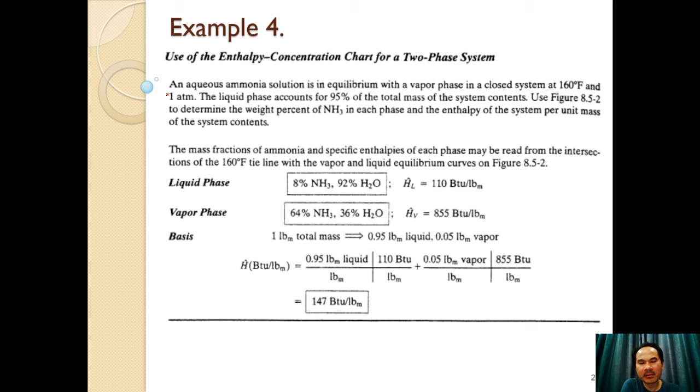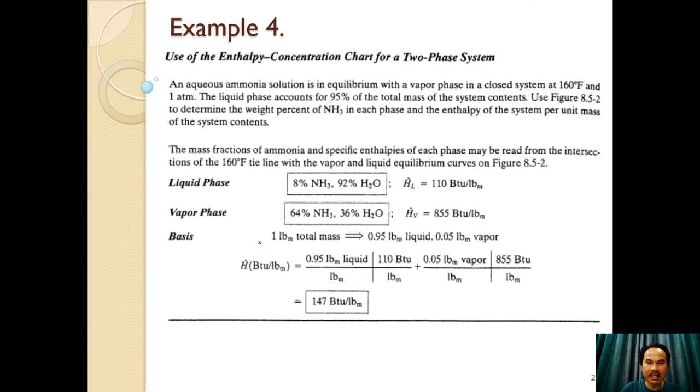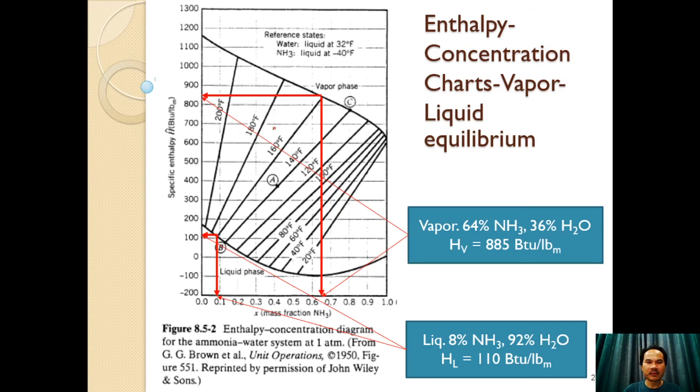For the liquid phase, in this case we operate at 160 Fahrenheit. In equilibrium, you can calculate the equilibrium composition based on the equilibrium line. In this case, at 160, the equilibrium line is this line. Then you extend to the vapor phase at this point and the liquid phase at this point.